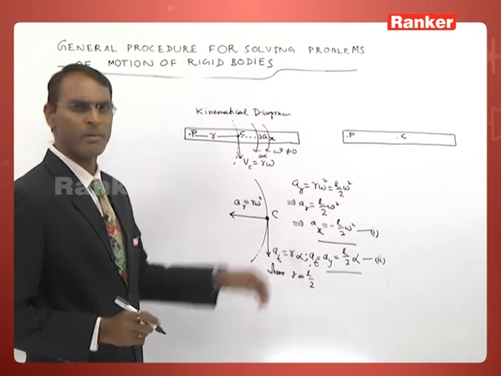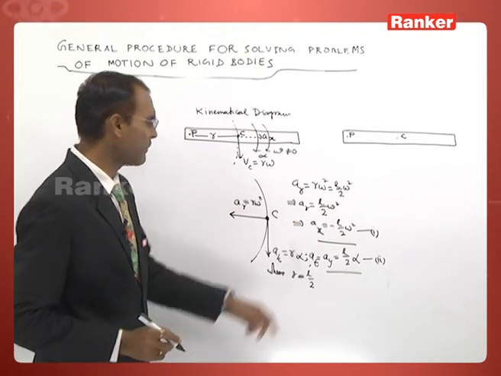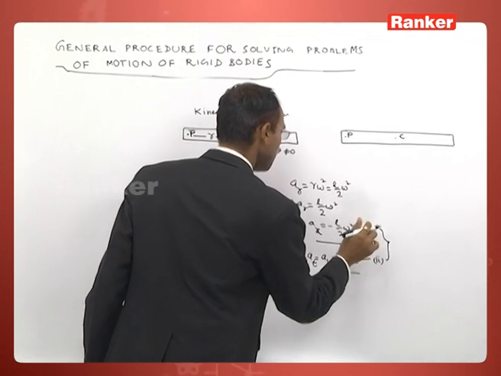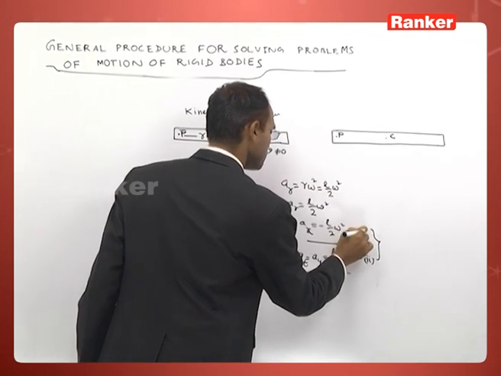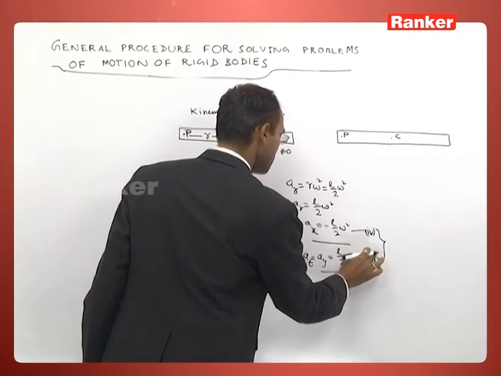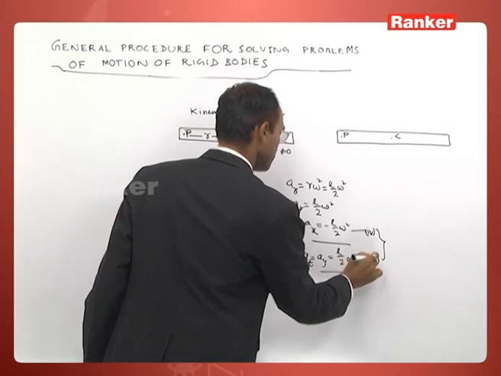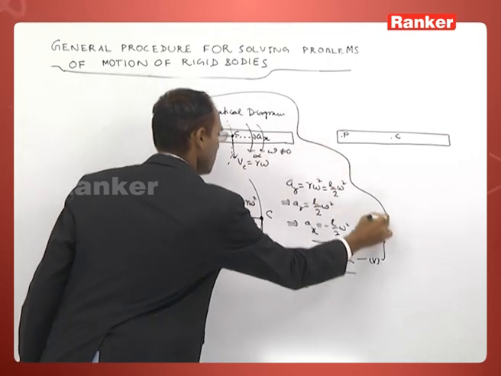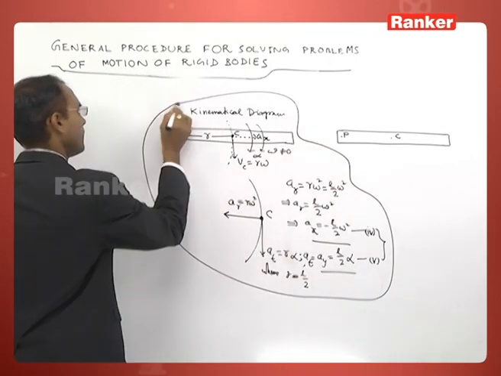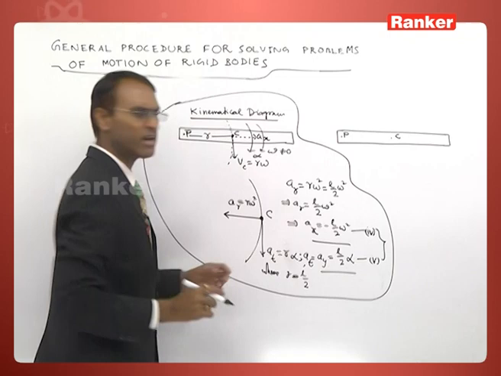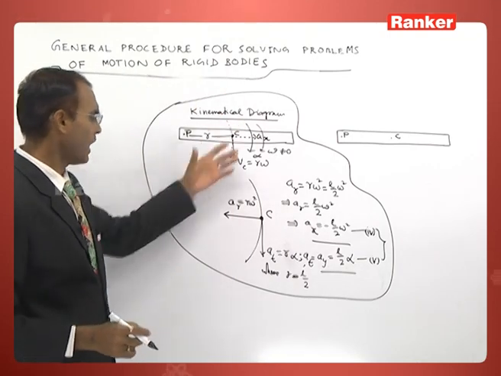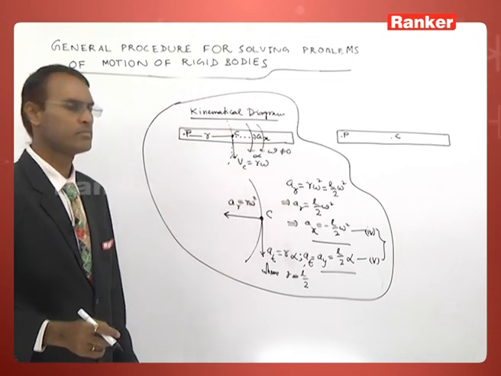We have got three dynamical equations, and these two kinematical equations we have to use. So, this equation number 4, equation number 5. This is the subject matter of the kinematical diagram, the output of the kinematical diagram.